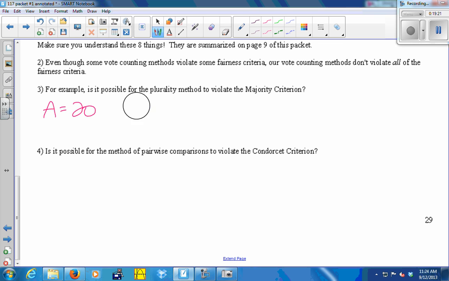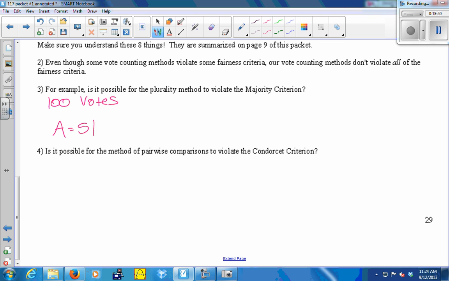So let's say there are 100 votes in the election. What would a majority be? 51. Good. So we'll say candidate A has 51 votes. Is it possible for anyone else to win this election? No, not with plurality, because there aren't enough votes left.